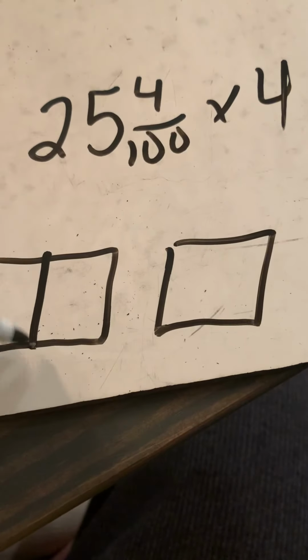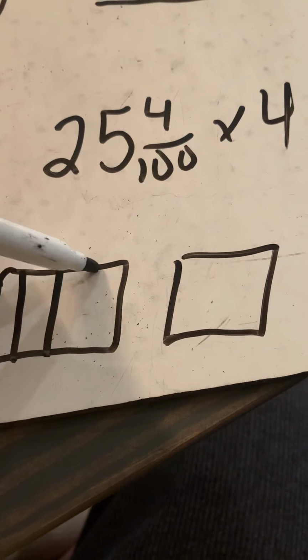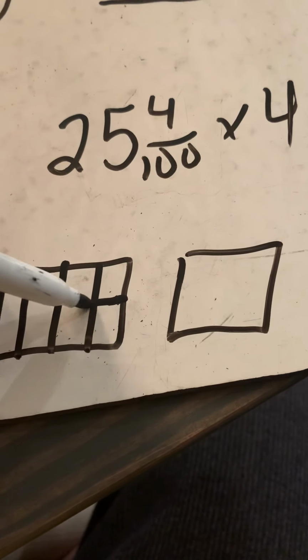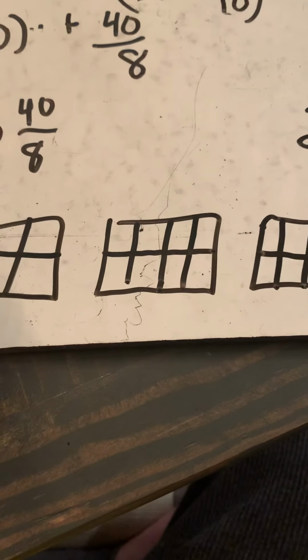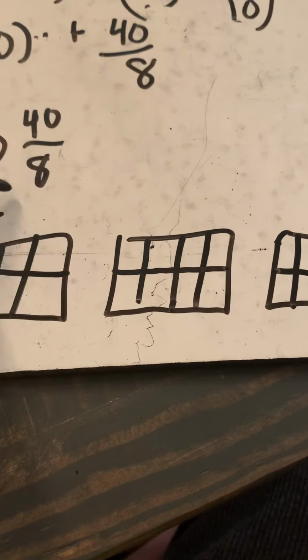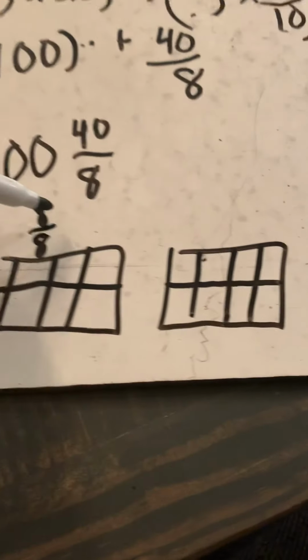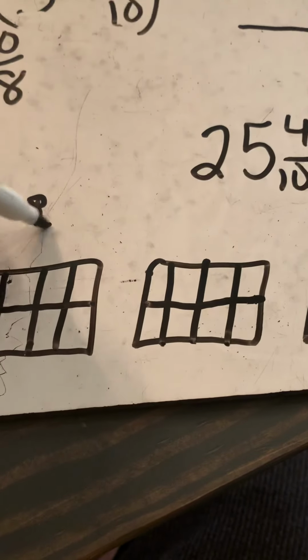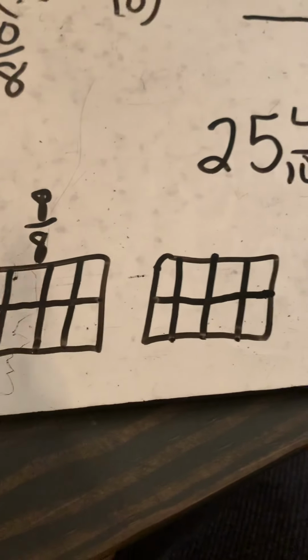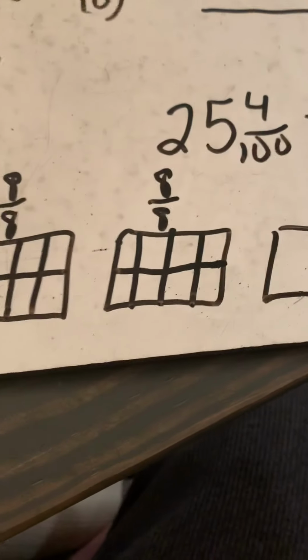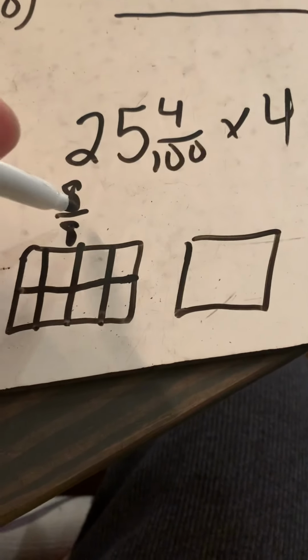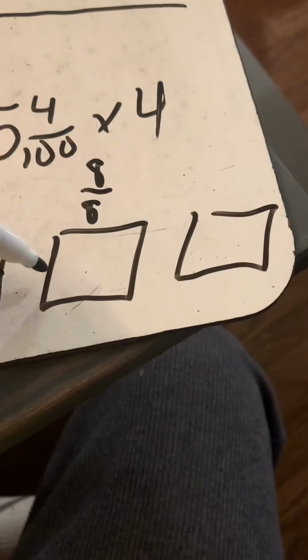All right, I have half. Cut my halves in halves to create fourths and then cut my fourths in half. So this is 8/8, right? We need to count up to 40. So basically we're skip counting by 8s until we get to 40. 8/8 plus another 8/8 is 16/8 plus another 8/8 is 8, 16, 24 plus another, right?